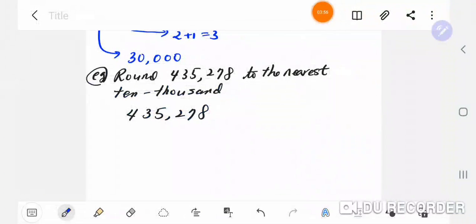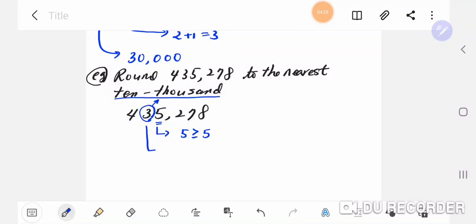Okay, round 435,278 to the nearest 10,000. The place value for this 10,000 is 3. So we want to check whether we will increase this 3 by 1 or just leave it by comparing the next digit, 5. 5 is greater than or equal to 5, so 5 is equal to 5, so this is true.